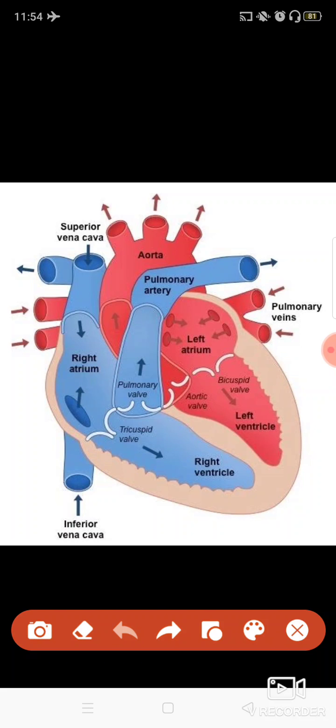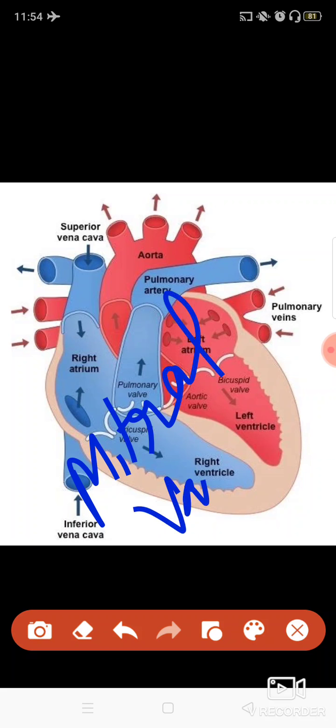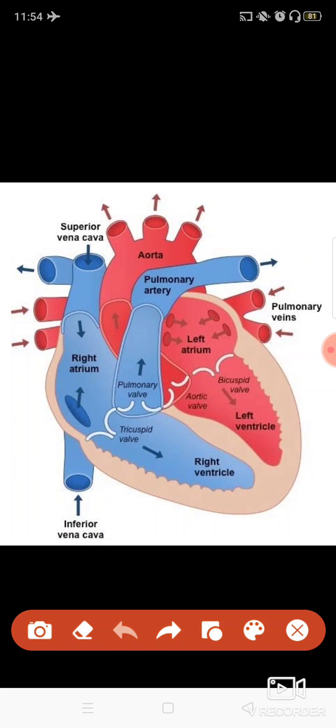These chambers are formed by some membrane like structures, some wall like structures, which are known as bicuspid valve and tricuspid valve. Tricuspid valve is the valve or the partition present between the right atrium and right ventricle, while the bicuspid valve, also known as the mitral valve, is the partition present between the left atrium and left ventricle.